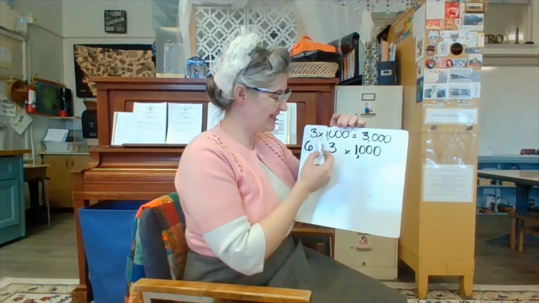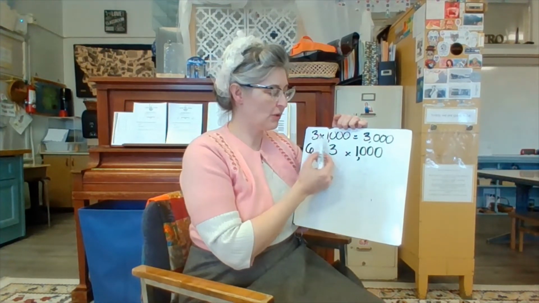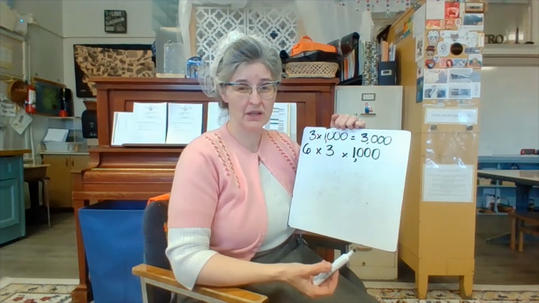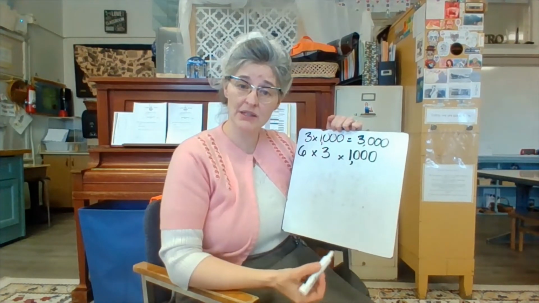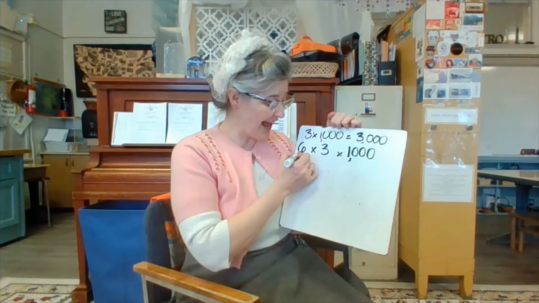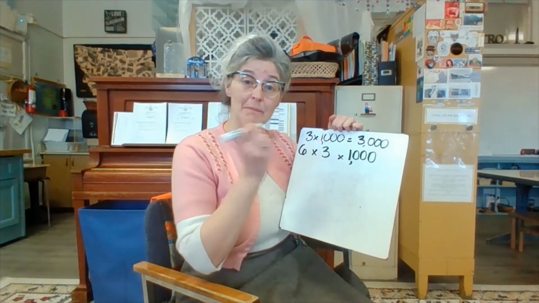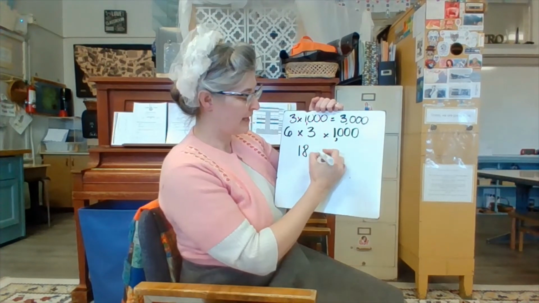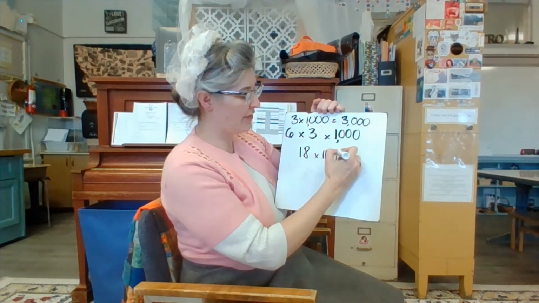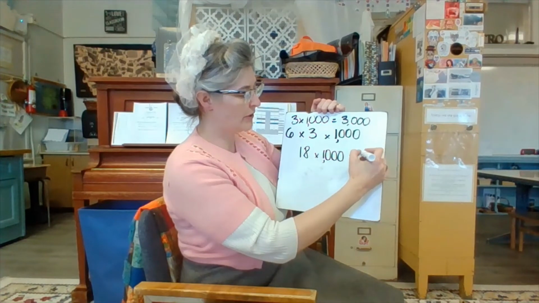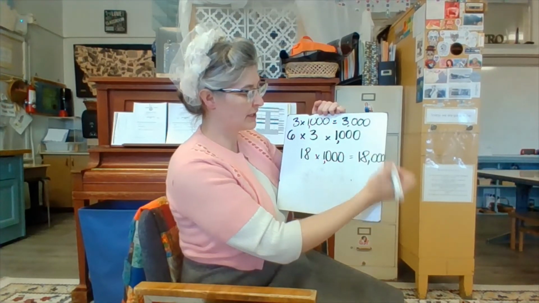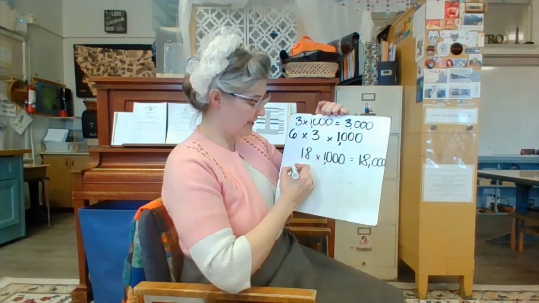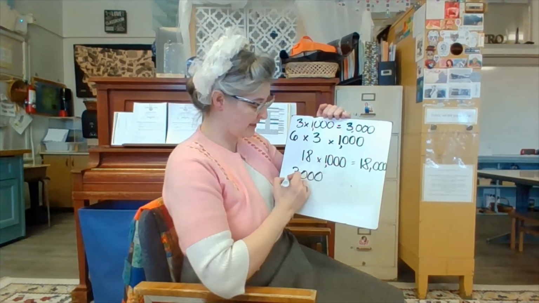I don't actually want to count to 3 1,000 times or count to 6 3,000 times. I'm going to use powers of 10 to break these numbers down so that I can do this much faster. I'm going to use the patterns in the numbers. So 6 times 3 is 18. 18 times 1,000 equals 18,000.